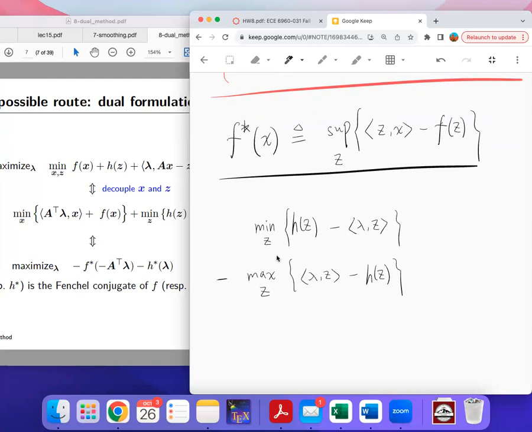Now compare with this definition: this is h star of lambda. So we have negative h star of lambda.